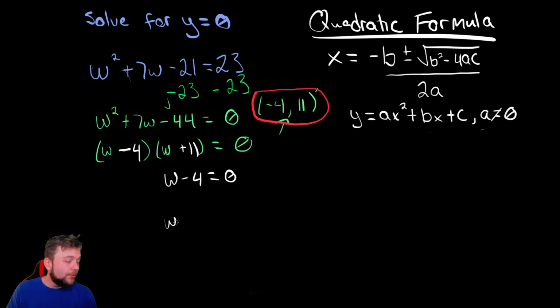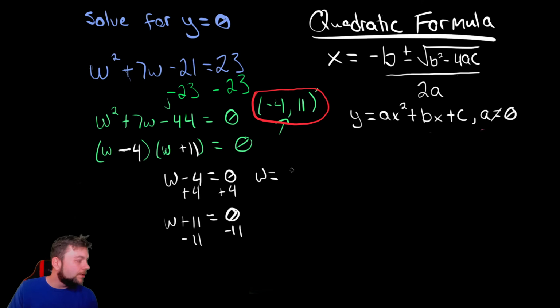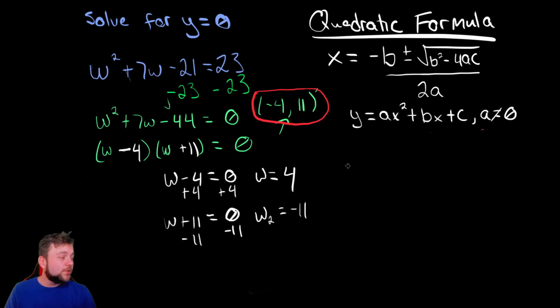And W plus 11 equals 0. Add the 4 over, minus the 11 over, and we get W equals 4, and W equals negative 11. So those are the points.